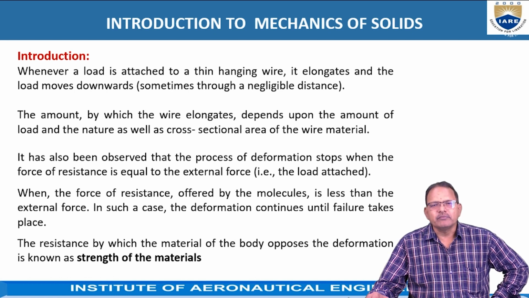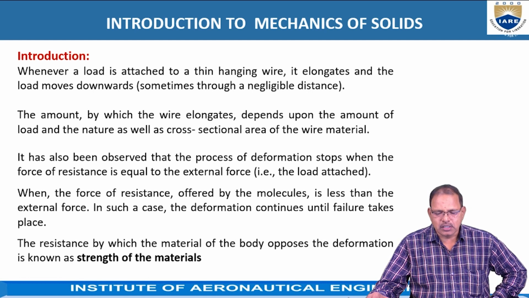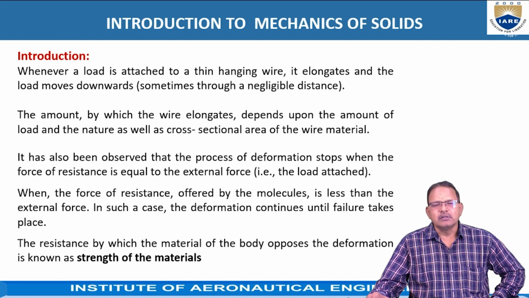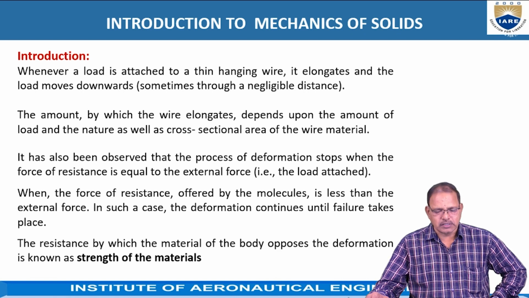But depending on the type of material, the elongation may be very small, sometimes even negligible for certain solids. The amount by which the wire elongates depends upon the amount of load attached to the end of the wire, as well as the nature of the material and the cross-sectional area of the wire.